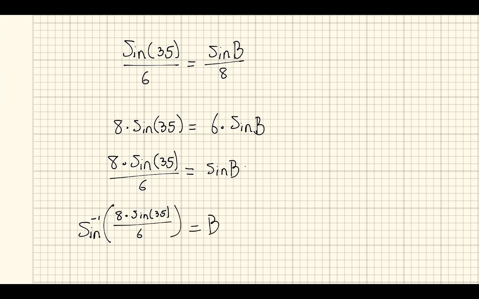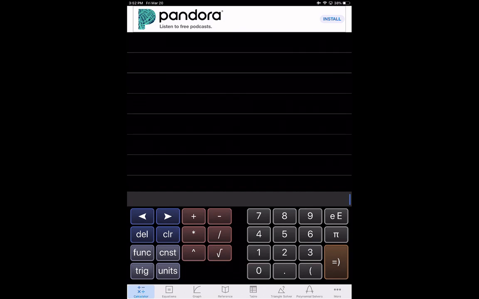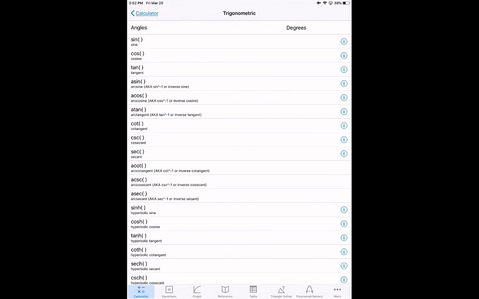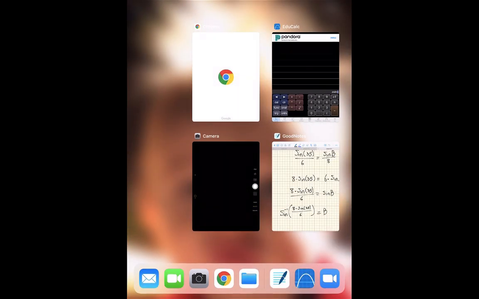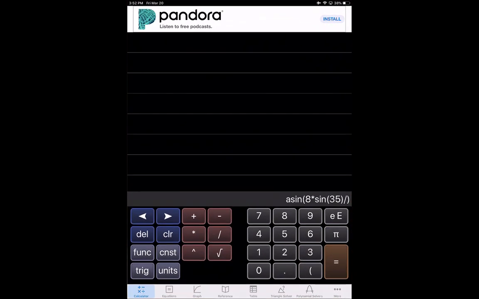So let's go ahead and figure out what that is. All right. So what did I say it was? It was the inverse sine of 8 times sine 35 divided by 6.